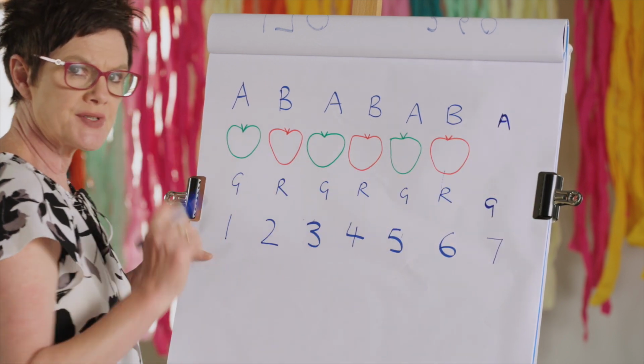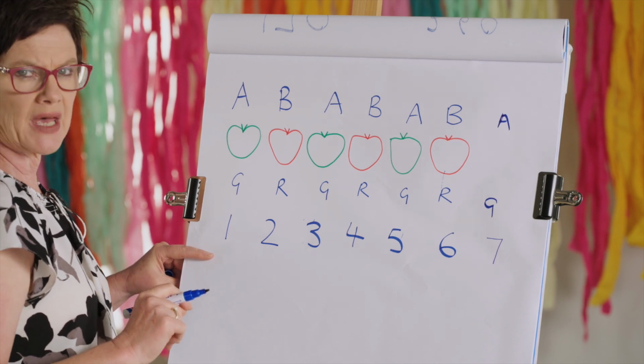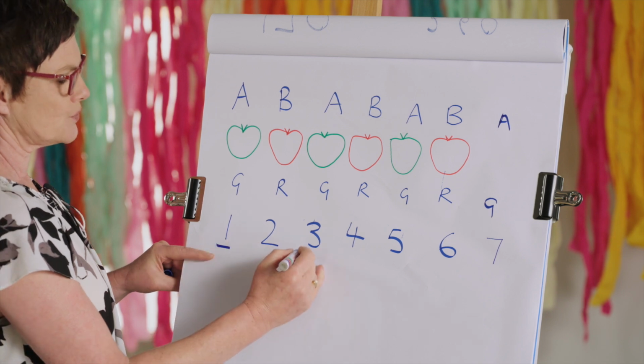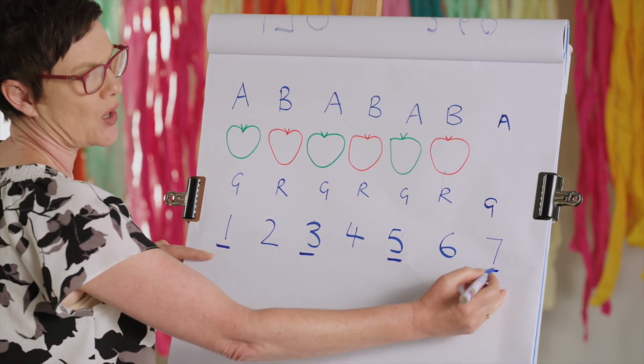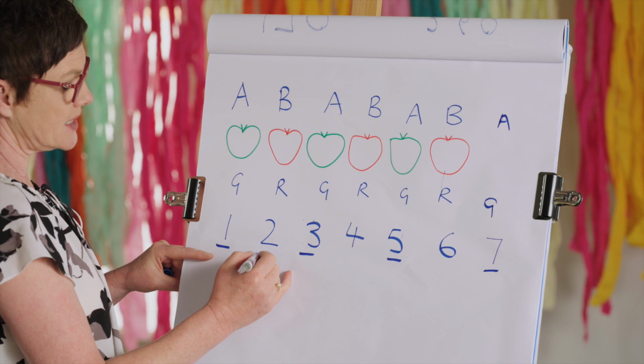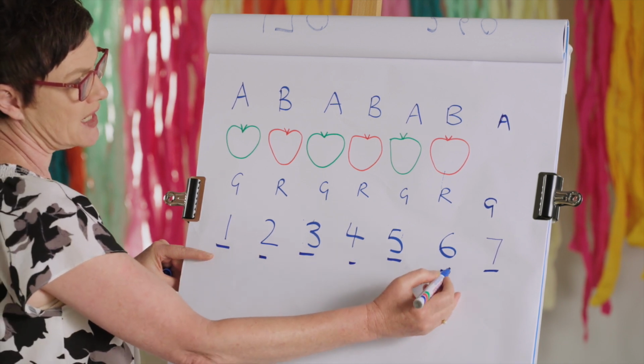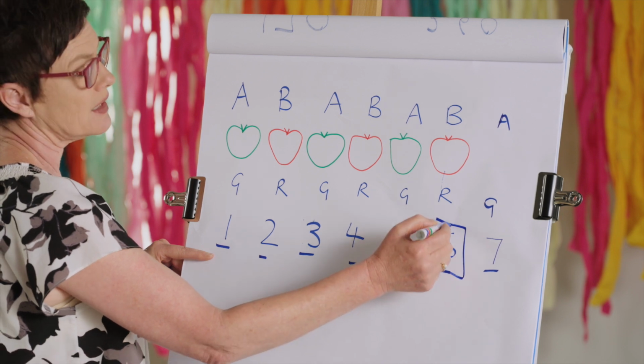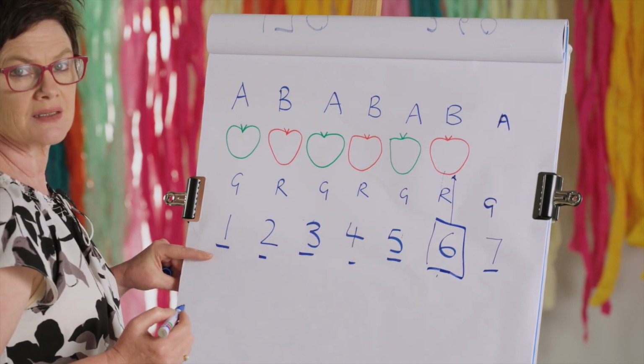Now, I don't know if you can see this, but I can see another pattern in our pattern, which is odds, odd numbers, and even numbers. And each time I have an even number, I have a red colour.